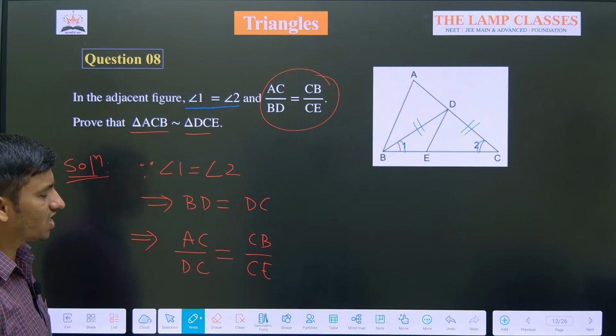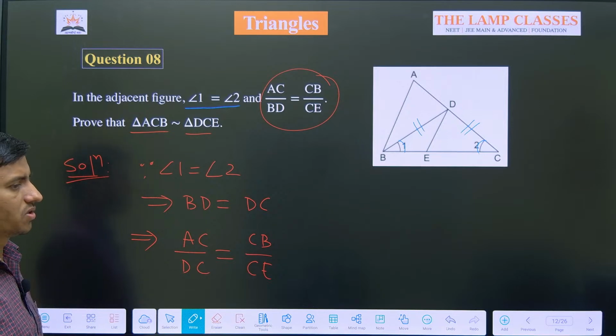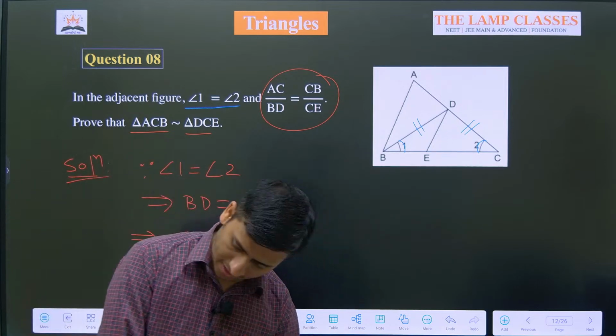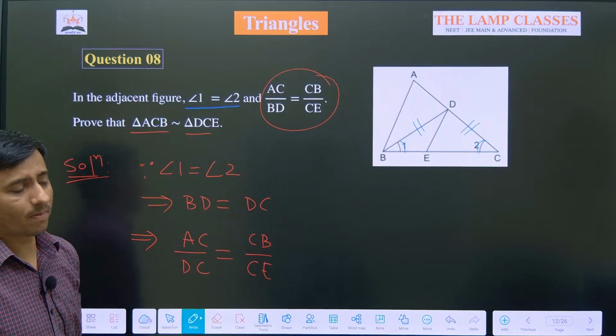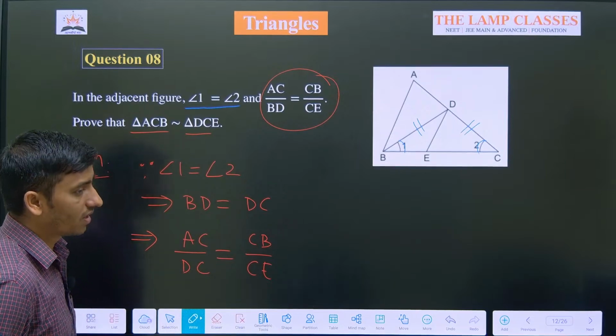Can we rearrange it and use it? There were 3 criteria of similarity. Can we apply the SAS rule? Is that applicable here?